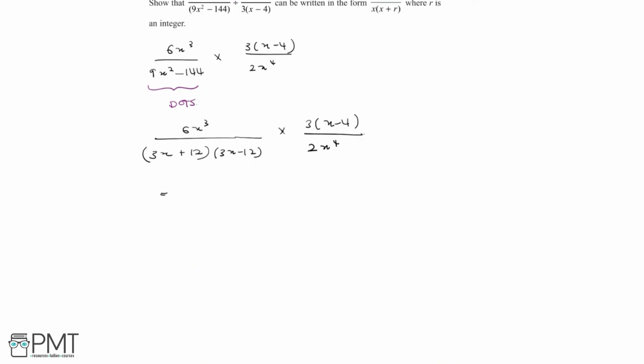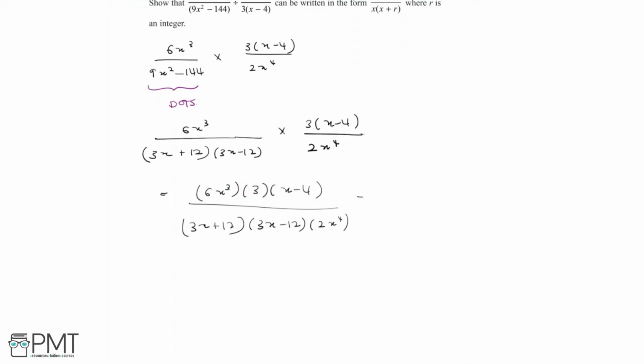Now when we multiply out, we'll end up with 6x cubed multiplied by 3 multiplied by x minus 4, all divided by 3x plus 12, 3x minus 12, and 2x to the power of 4. Now let's look at 3 multiplied by x minus 4.